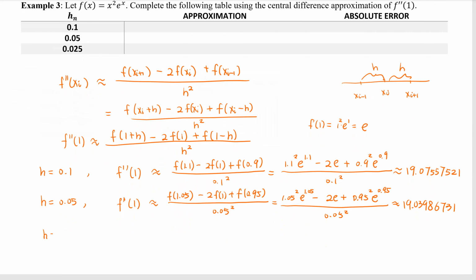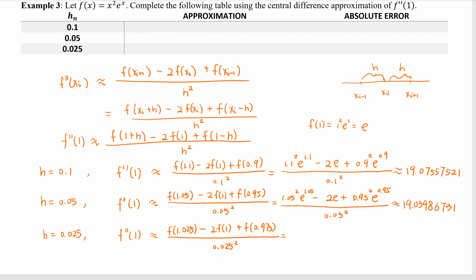So we still have the last step size. Okay. This is smaller. You can see the approximation is gonna be better. And how do we change? Okay, so we just insert. Well, this is 0.975, right? And then 0.025 squared.